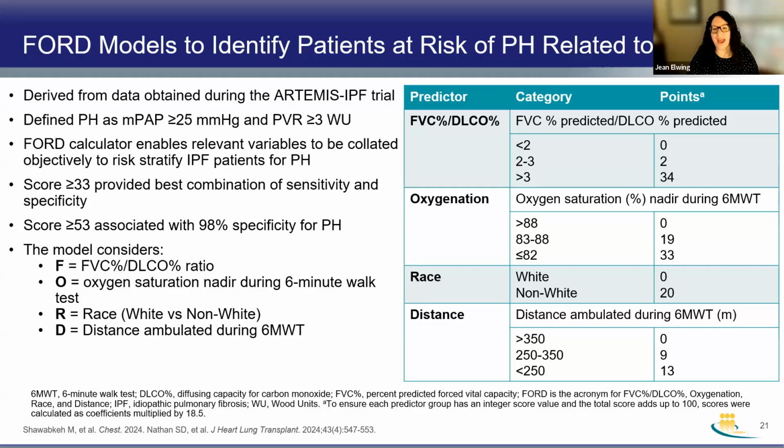And then those scores are added together. And that was able to predict the presence of pulmonary hypertension in the setting of IPF. And if the score was 33 or greater, it was associated with the presence of IPF-related pulmonary hypertension. So another approach, and this one is one that can be calculated and followed.